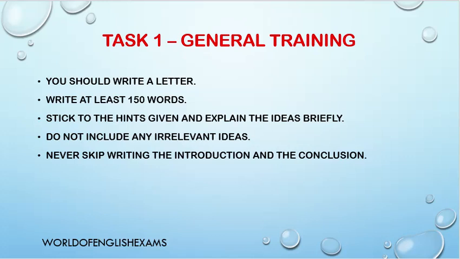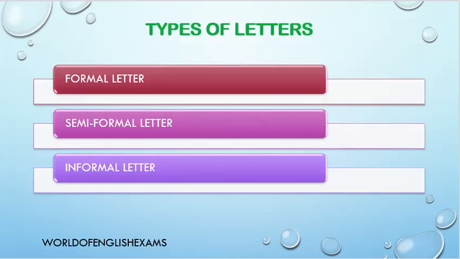Having understood the various points, now let's see what are the different types of letters. So basically there are three different types of letters and all the three types are very significant to be prepared well. The first one is known as a formal letter, and the second one is known as a semi-formal letter, and the last one is known as an informal letter or a personal letter.